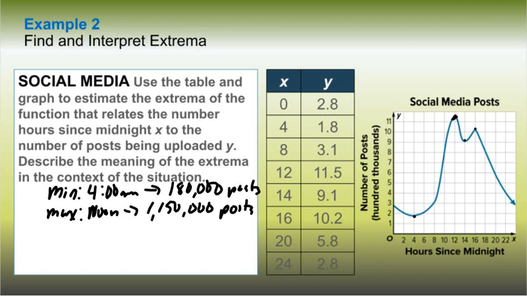Then we have a relative minimum. And the relative minimum would be here. So we could say 14 and 9. 14 hours after midnight would be 2 o'clock, so 2 p.m. And at 2 p.m. that was roughly, we could say like 900,000 posts.